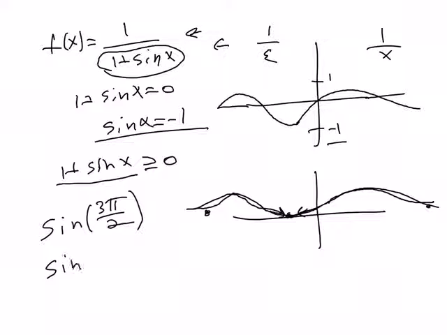And so for any repetition of this, 3 pi over 2 plus 2 pi n, because that's the period for sine, every time this happens, we get a negative 1. So the function is continuous everywhere except for all of these numbers, where it's not defined, and as we approach them, we go to positive infinity.